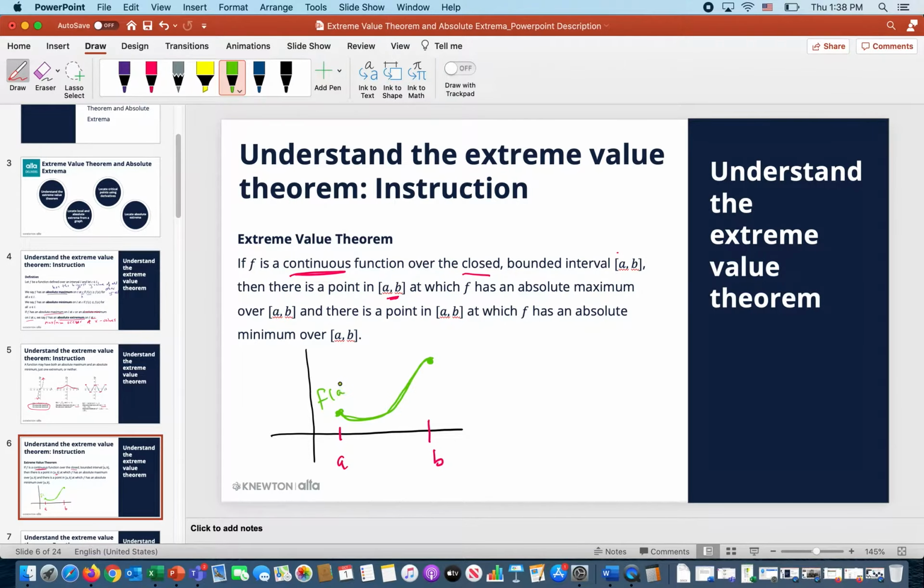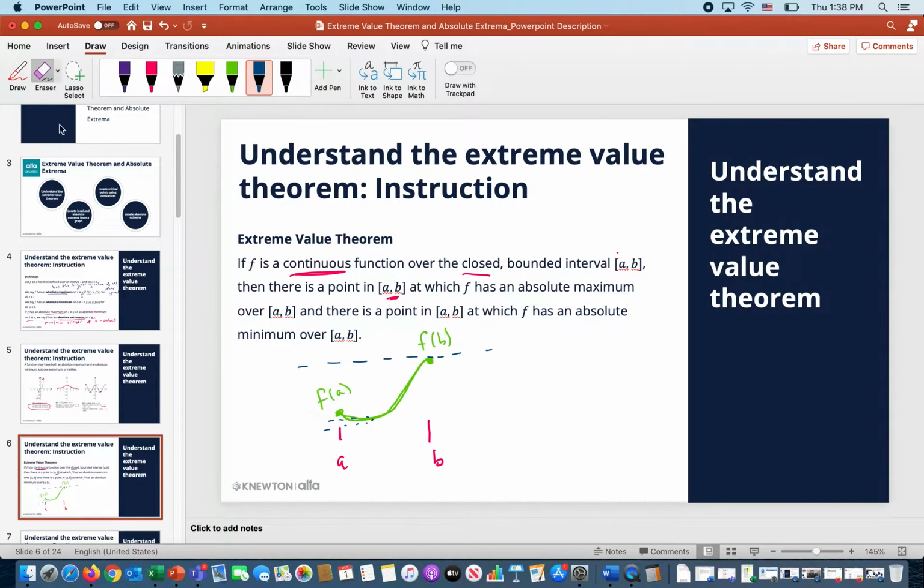This is f of A and this is f of B. And you'll notice that right here at f of B, there are no other y values in this region that are bigger than f of B. And down here, you'll see there is a y value right there that is smaller than the others. It's really hard for me to draw with this pen, guys.